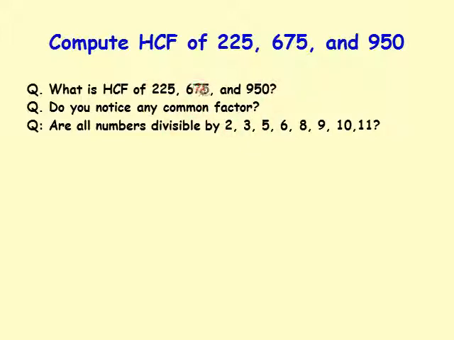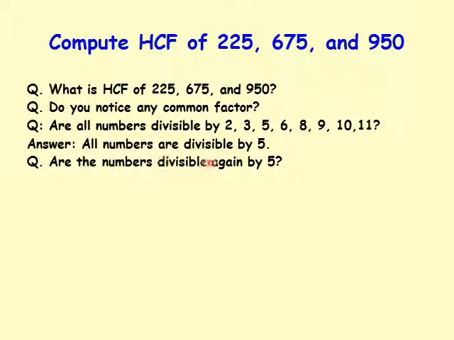This one is divisible by 3, since 2 plus 2 plus 5 is 9, and this is 6 plus 7 plus 5 is 18, but this one is not divisible by 3. But they are divisible by 5, with a 5 or a 0 at the end. All the numbers are divisible by 5. Question: are these numbers divisible again by 5?